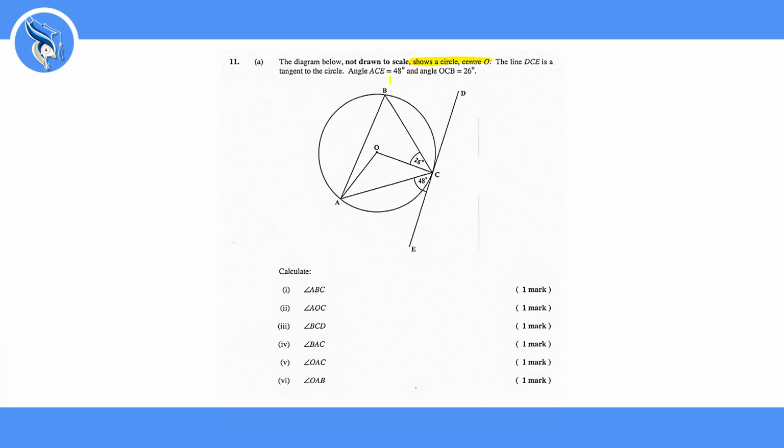And they also told you that angle ACE right here measures 48 degrees. And angle OCB, right, B, is 26 degrees. So that's what we know so far.